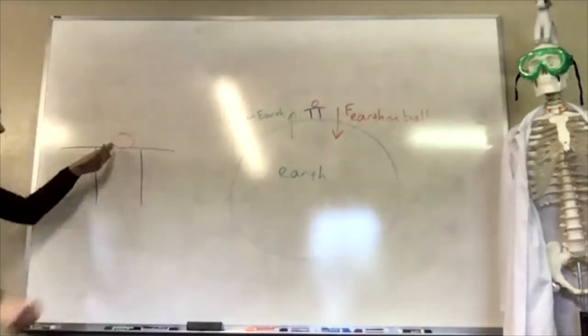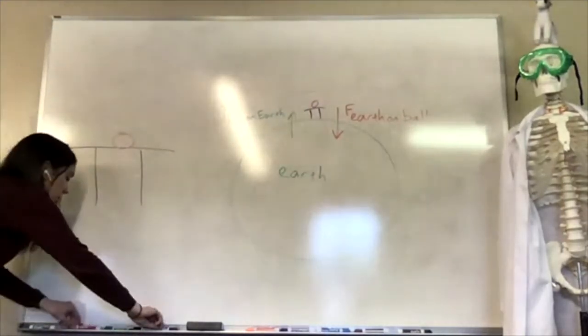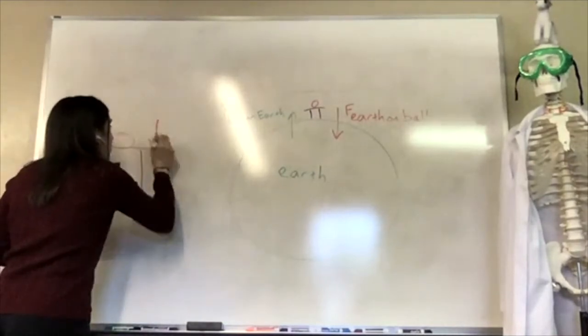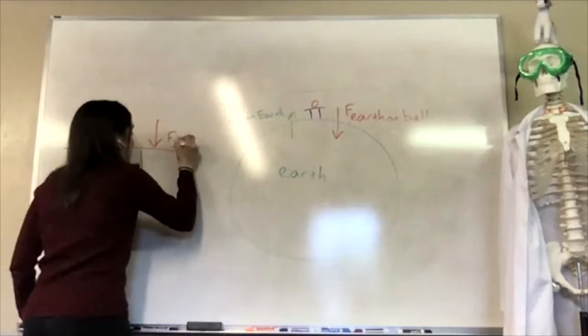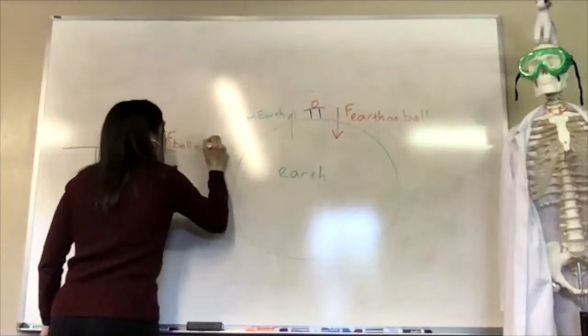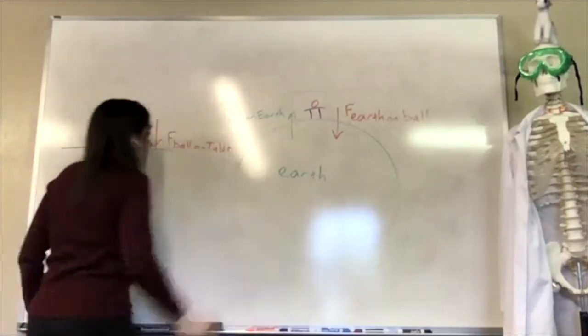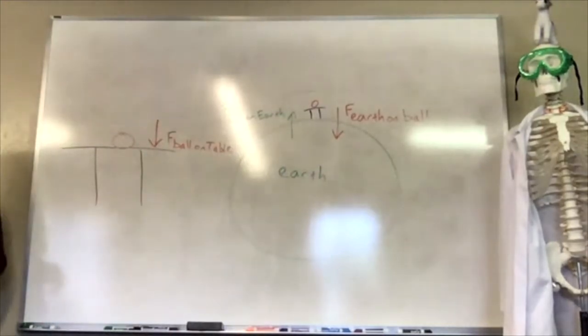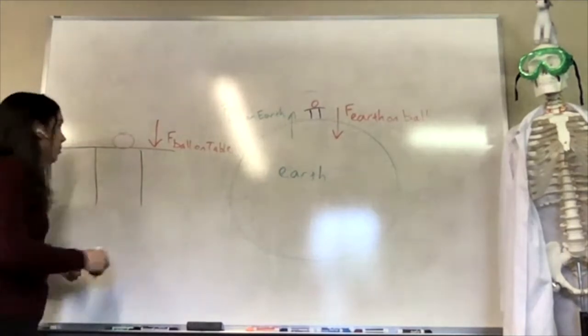So we can think of just the ball and the table, and we can say, well, the ball is exerting a force downward on the table. So force of ball on table. What's the reaction to that? The table exerts a force up on the ball. Exactly.